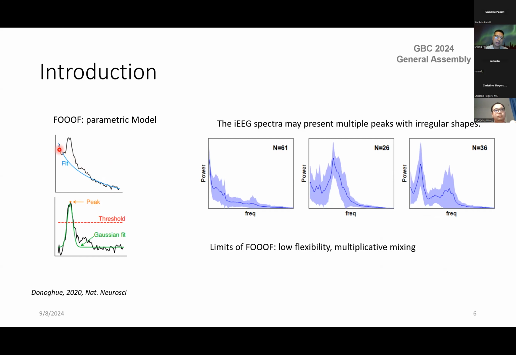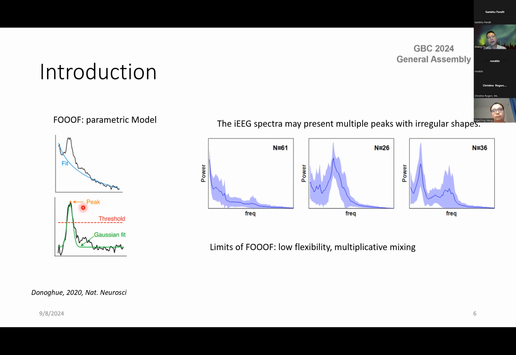For example, the power law offset and exponent. And how do they check for each peak? It uses thresholding effect and iterative least squares.